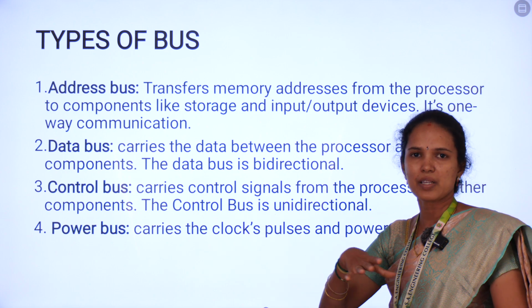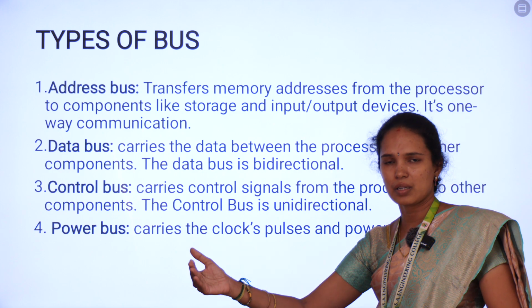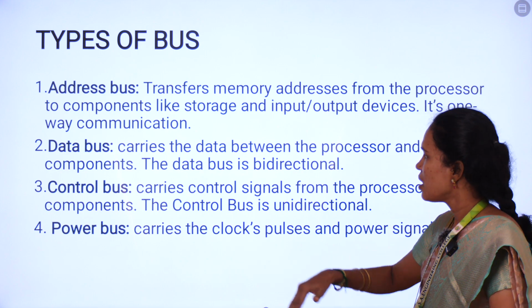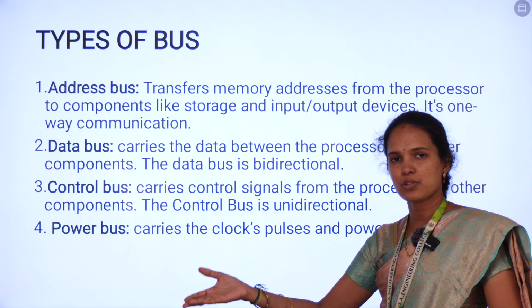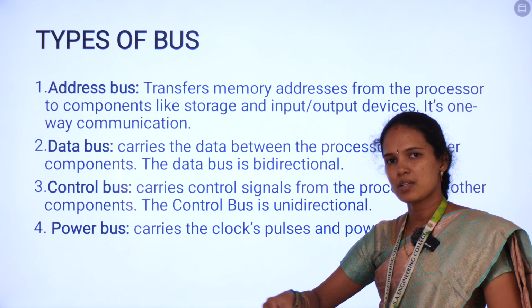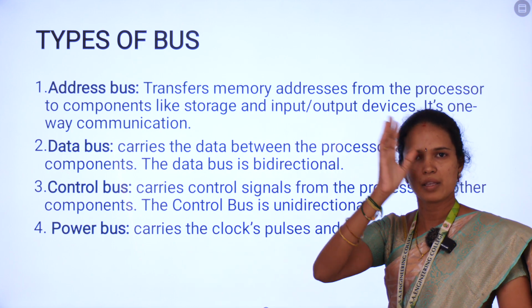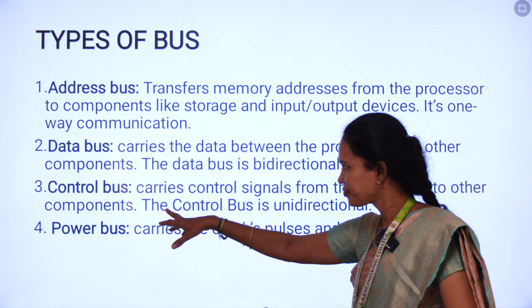But the data bus is bidirectional. For example, if you want to add 2 values, first it gets the input from the user, and again the output will be given to the user. So it is bidirectional.